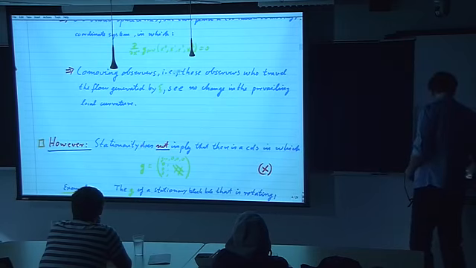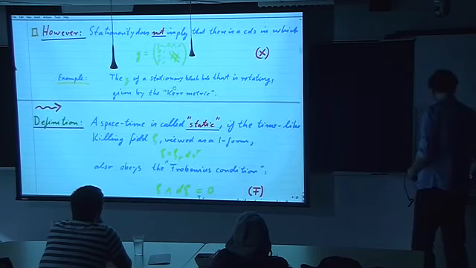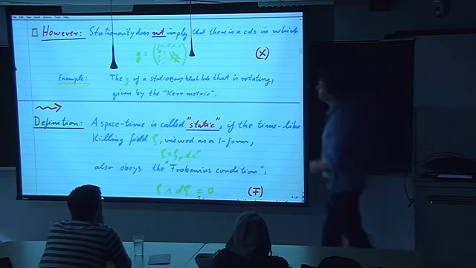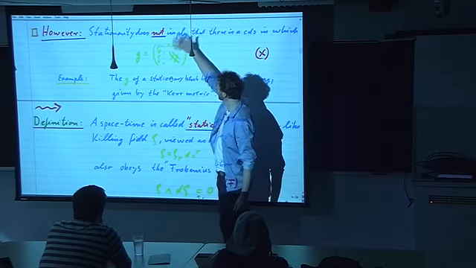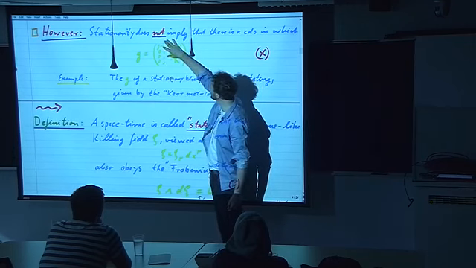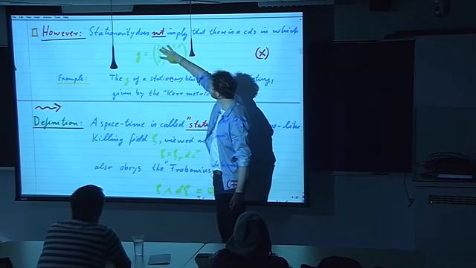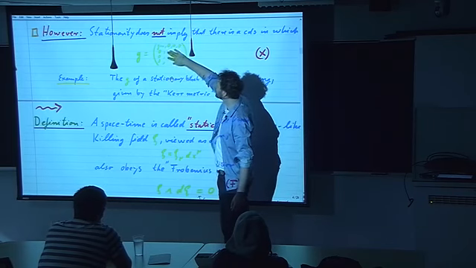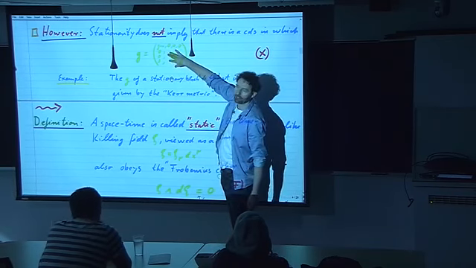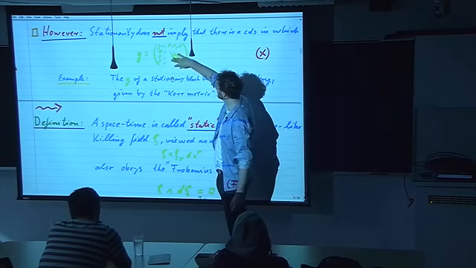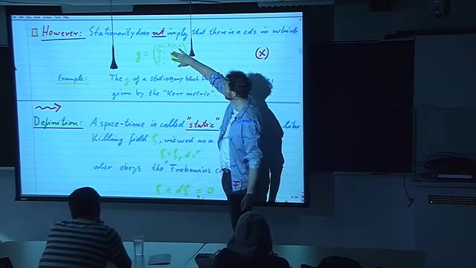Now, you might think that when a metric is static, then automatically it should be possible to write the metric in a coordinate system in which it is simply g naught naught, 0 0 0 0 0 0, and all the non-triviality is in the space-space part, so that there's only non-trivial stuff going on in the space-space part.